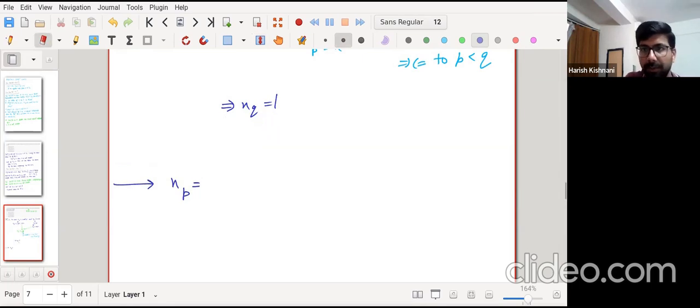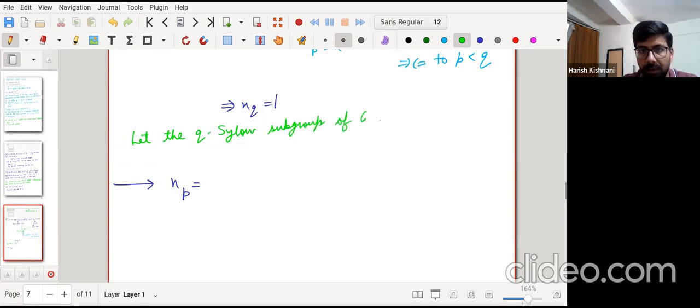Let's give some name to this Sylow subgroup. Sorry, the Q Sylow subgroup. It's unique, so I should write: let the Q Sylow subgroup of G be Q. I'm just noting it with Q.